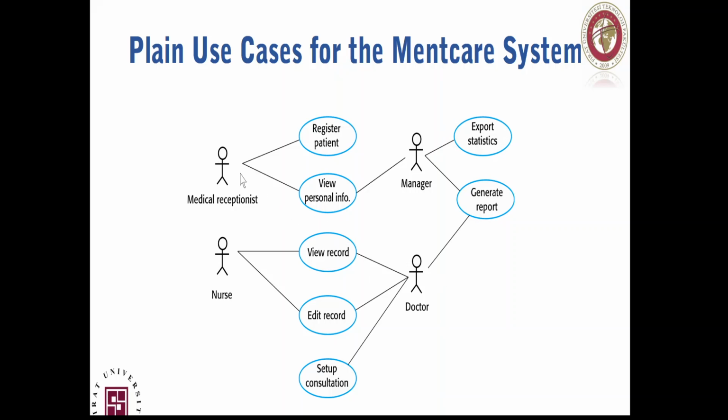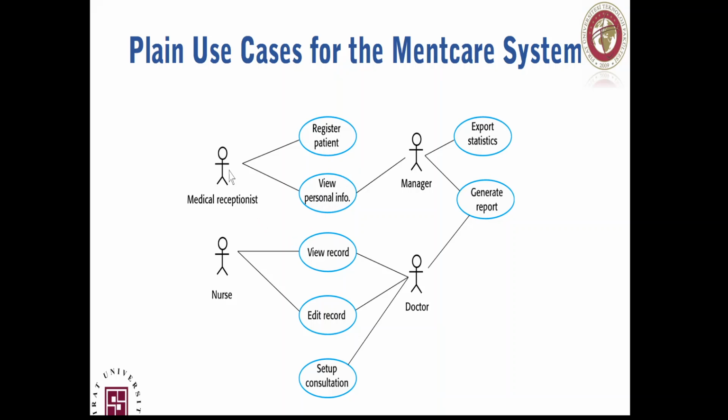So we have these lines that in most cases have arrows. What does it mean? That means we have the initiative of this action and the direction of the action to be taken. So a medical receptionist, what kind of action can he accomplish? Register a patient or view personal info.